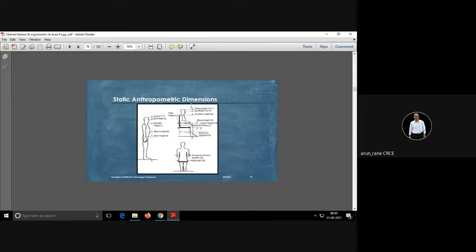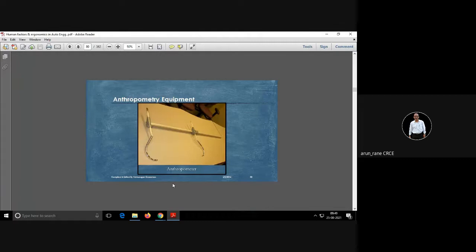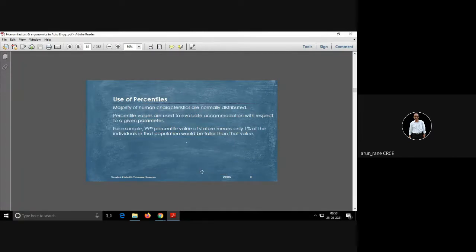So this is your static anthropometric dimension. That is when you are in steady condition. Steady condition means if you are standing, if you are sitting. These are the anthropometric equipment. That is anthropometer. These are helpful for taking the measurements, like heights, width.